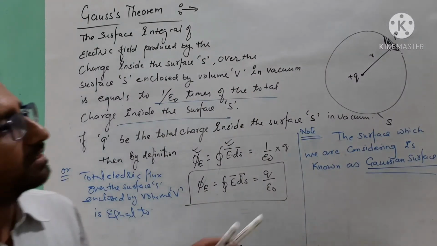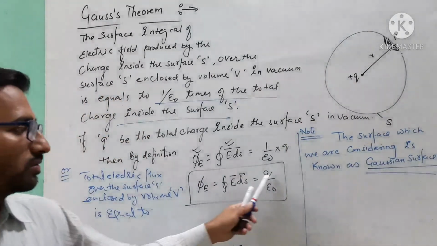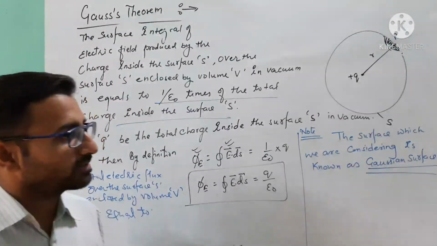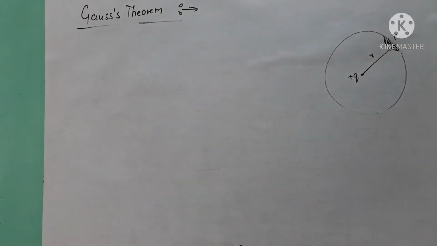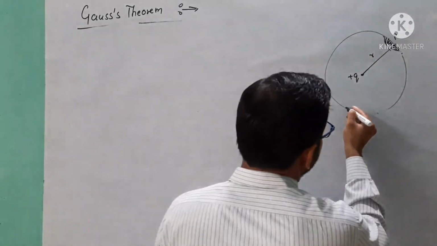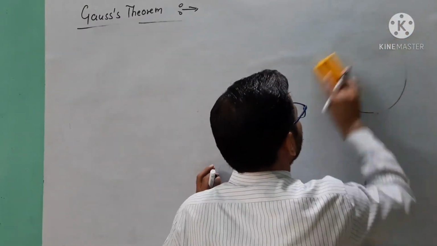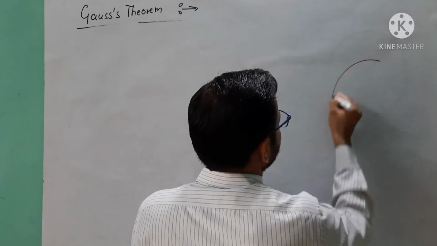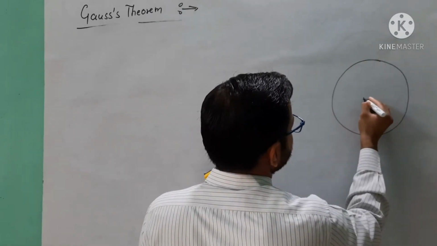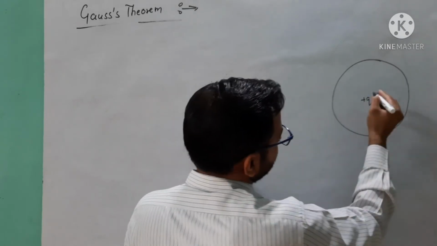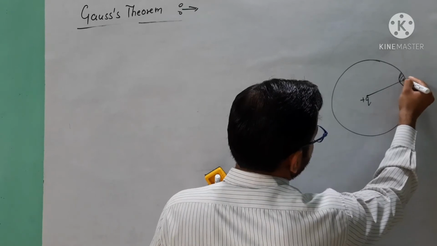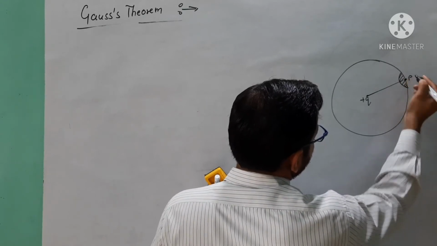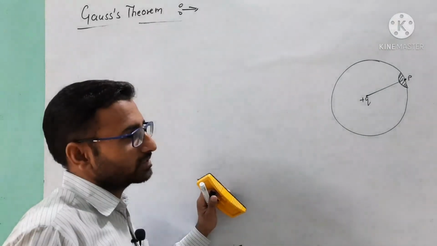After that we will start the proof of Gauss theorem with the help of this diagram which is in front of you. Now you can see, student, this is the diagram to prove the Gauss theorem, for which I will consider a spherical Gaussian surface in which plus q charge is placed at its center, and on its circumference at any point P, we will calculate the electric flux.